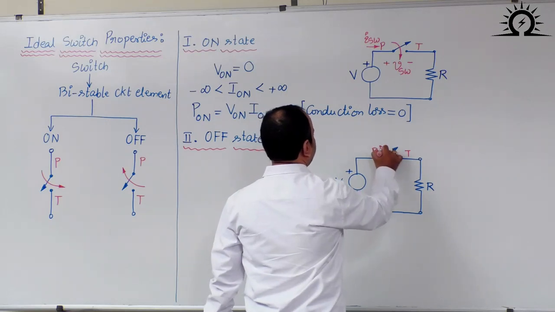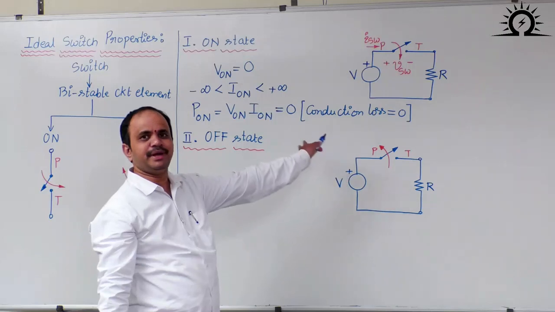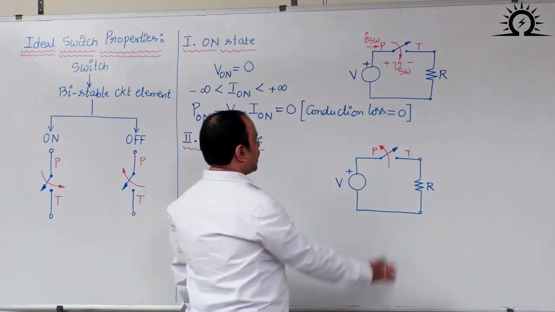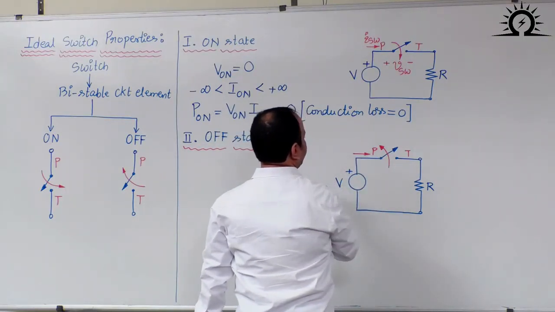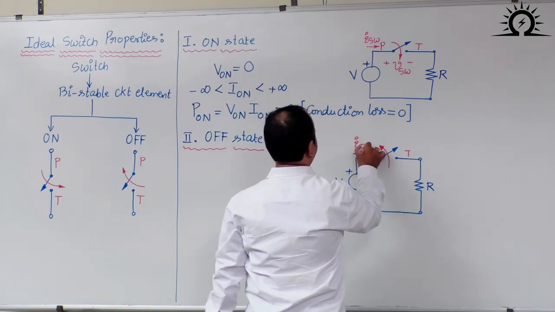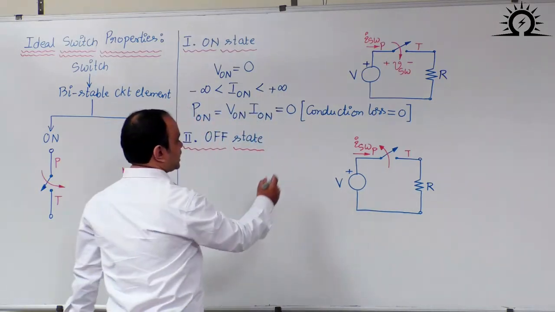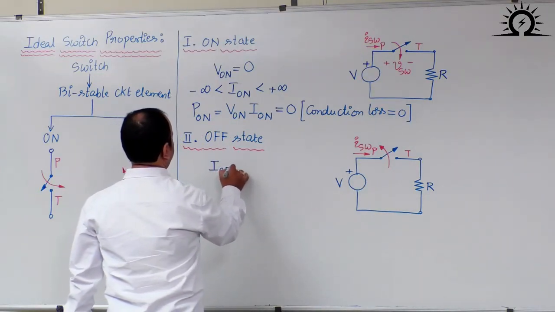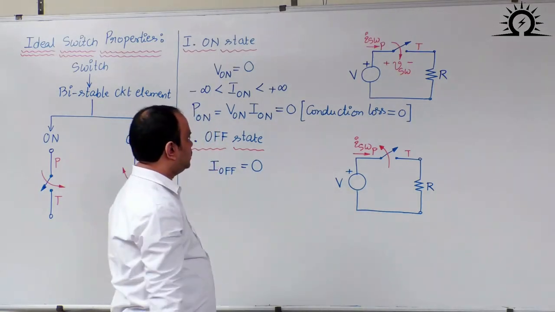So off state is nothing but the P and T terminals are separated from each other. That is shown by the red color arrow. Under this condition, there is no path for current to flow. Therefore, the current flowing through the switch is equal to 0.